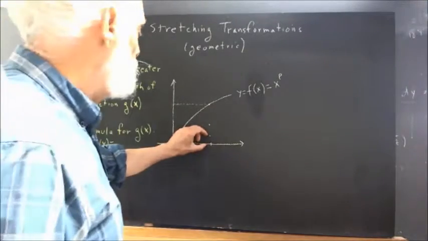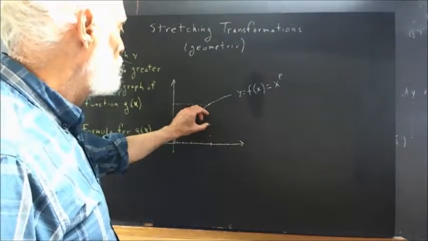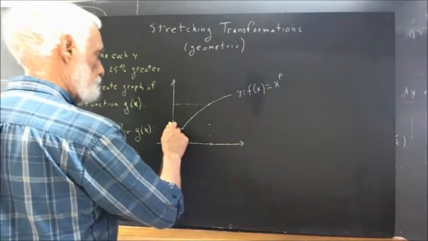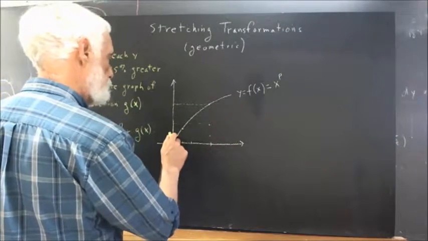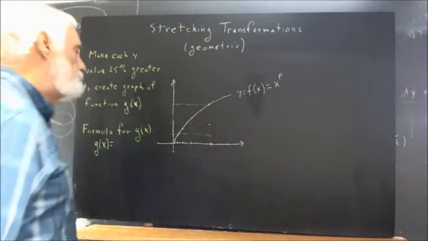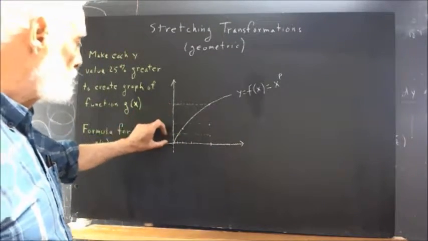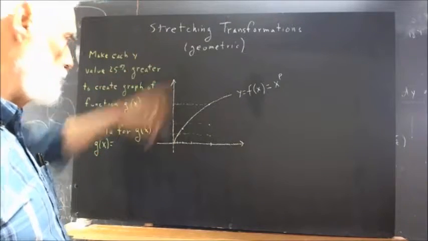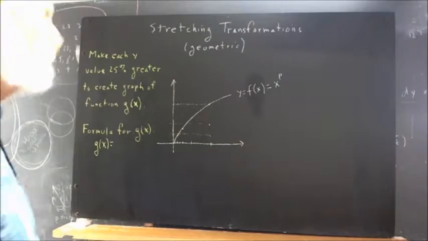So this value should be 1/4 of this y value. And we could do this over here on the y-axis if we wanted to. We could bisect this interval and then bisect again. 1, 2, 3, 4. I don't have that quite right, but we get the idea.